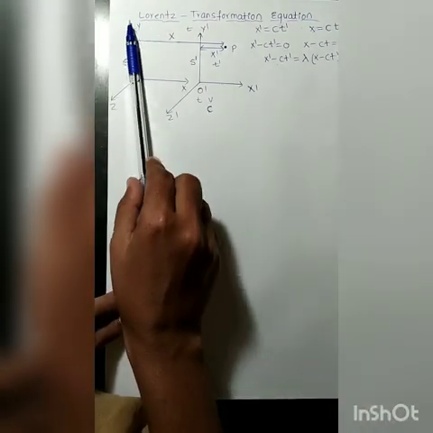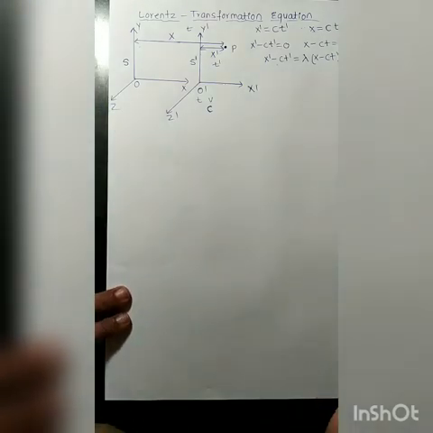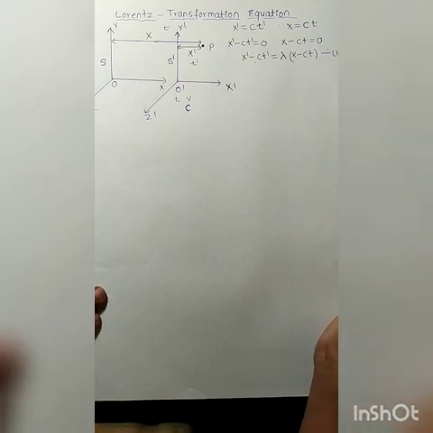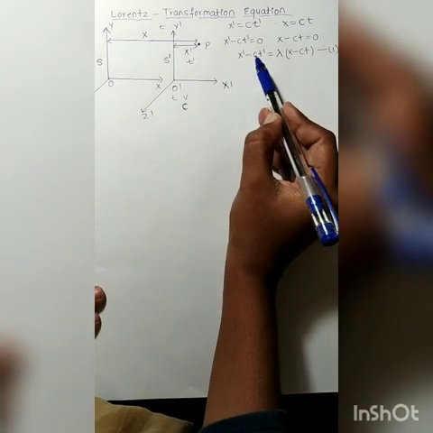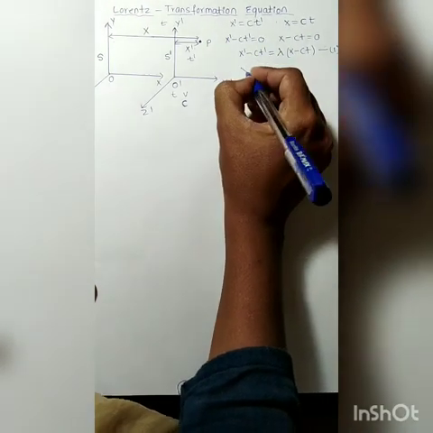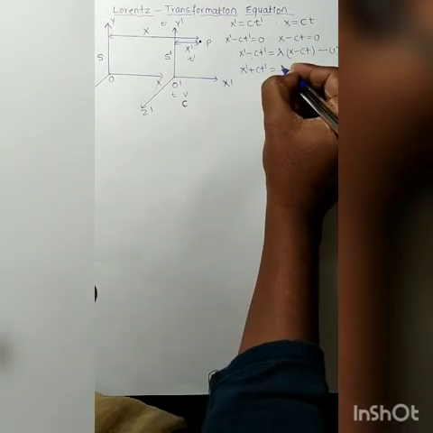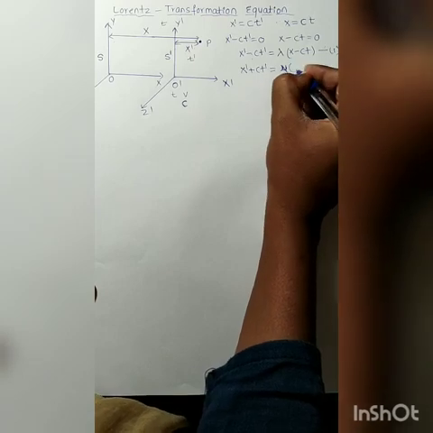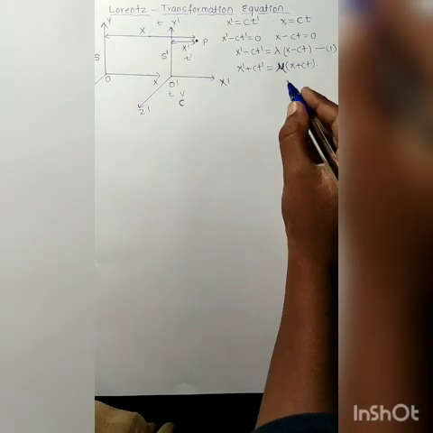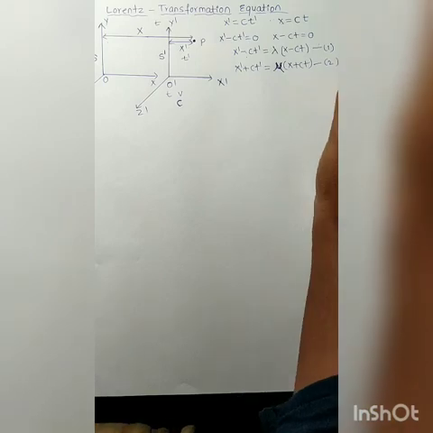So in the negative direction of the x-axis, the distance covered by the light ray will come in the opposite manner, and we will get x dash plus c t dash is equal to a new proportionality constant, mu, into bracket x plus ct. I will name this the second equation.